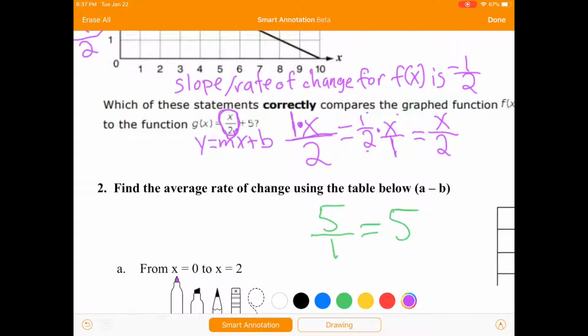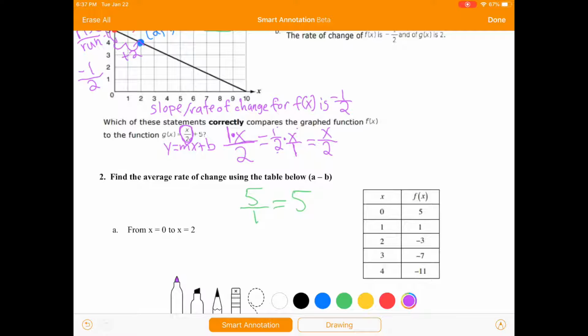So all of that to say that the rate of change for g of x is positive 1/2.